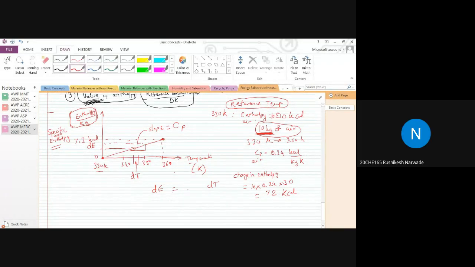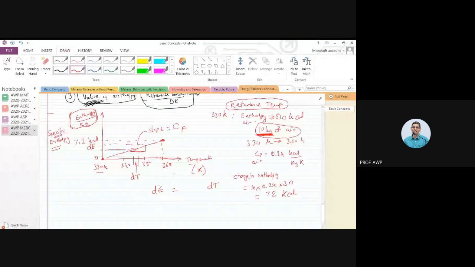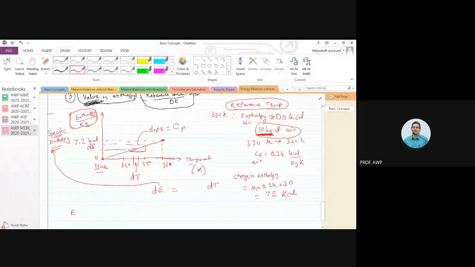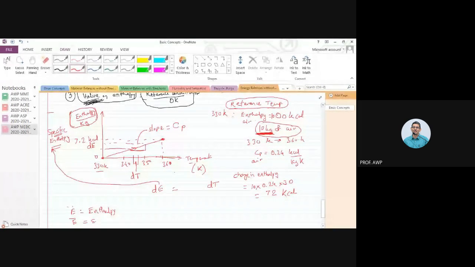M into Cp. Now I'm saying that E is specific enthalpy, or if you like, you might want E to be enthalpy and let's say E bar, suppose you want it to be specific enthalpy.